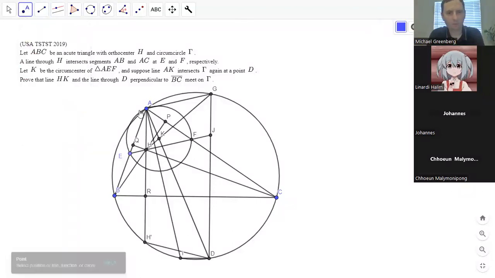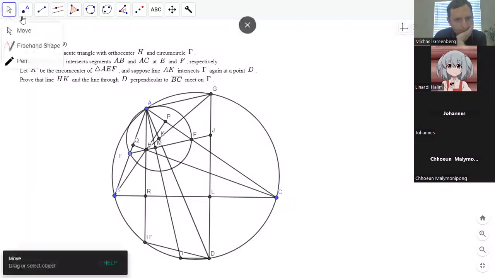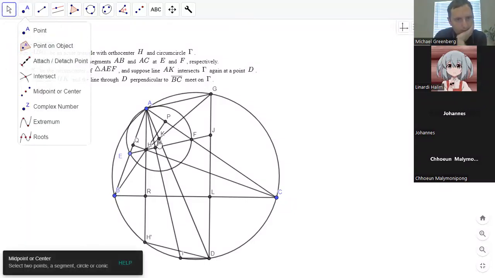Maybe it would help to draw this point. So we know that these are perpendicular.